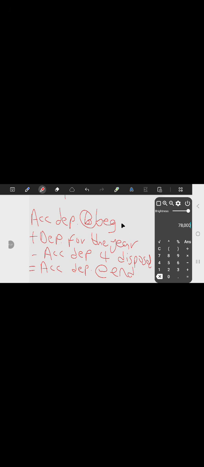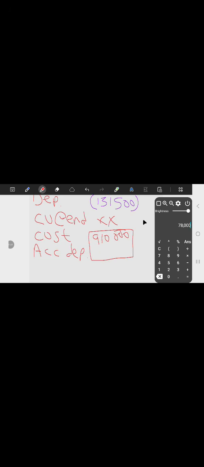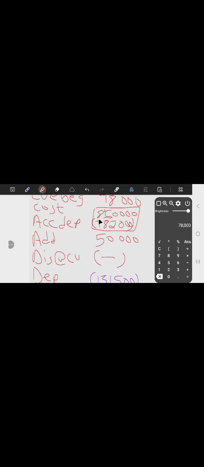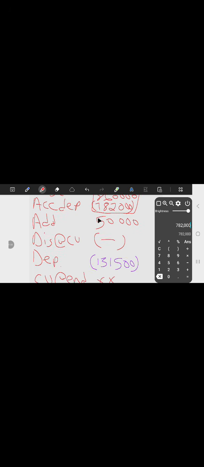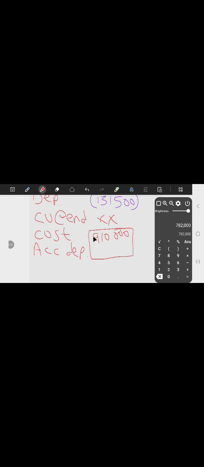Right. Now let's go back to our PPE note that we are trying to draft. Accumulated depreciation. So it's going to be your 782 according to this, 782,000 plus 131. But remember the 131 I said we are just putting it for now. So meaning that the answer that is going to be here, we are also going to put it for now.